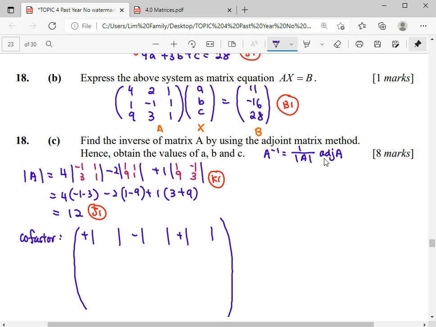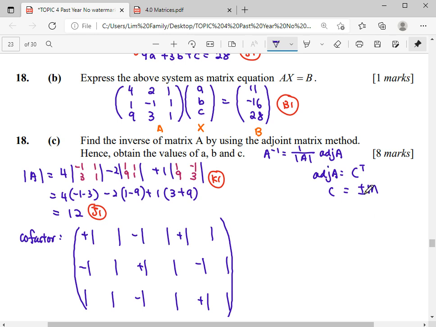For every position, this position is negative minor, this position is positive minor, this is negative minor, then positive, negative, positive. So adjoint is equal to cofactor transpose. If I want to get the cofactor, it is plus or minus the minor, depending on your position.